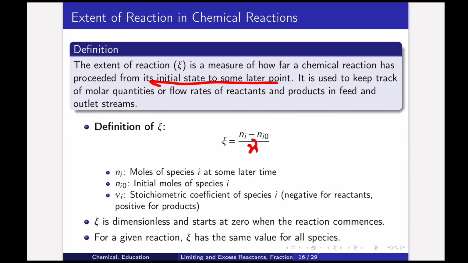Now Ni is the moles of species i at some later time, Ni0 is the initial moles of species i, and nu i is the stoichiometric coefficient of species i, negative for the reactants and positive for the products. So you have to remember this. This is the formula: zeta is (Ni minus Ni0) by nu i.